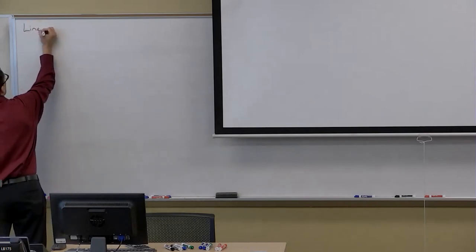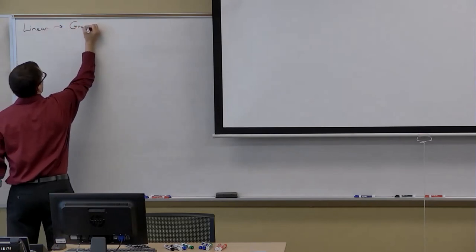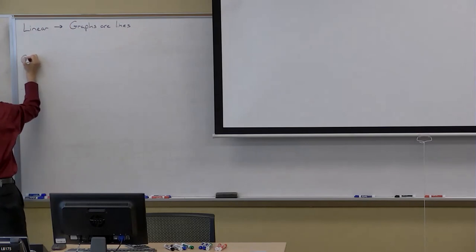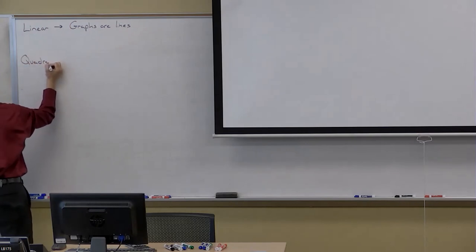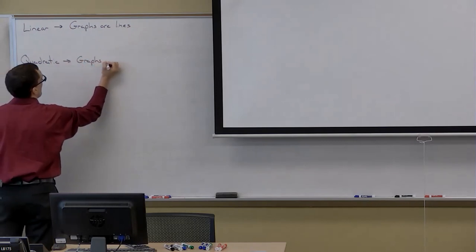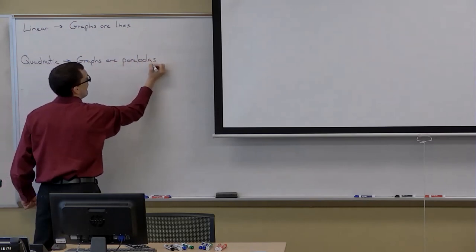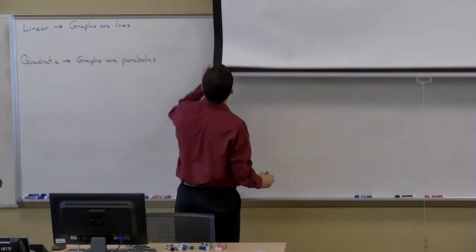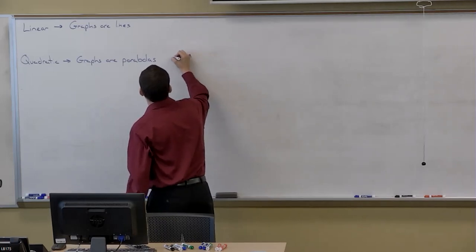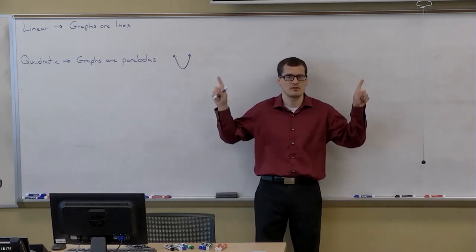So linear functions, graphs are lines. The quadratic graphs are parabolas. And like I said, the parabola that was graphed here was what I call pointed up because it goes up forever.